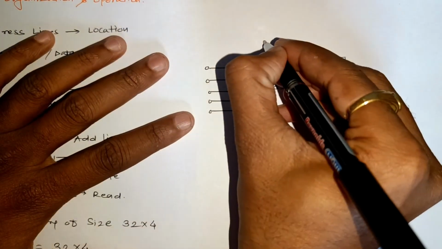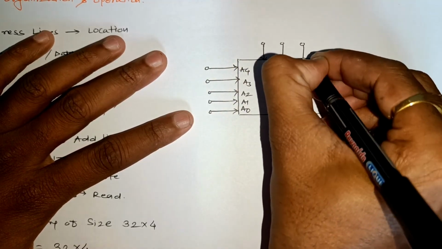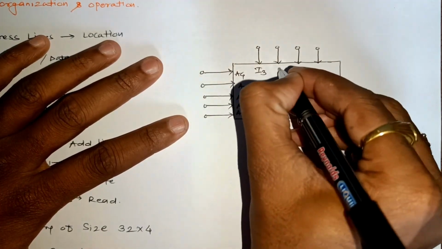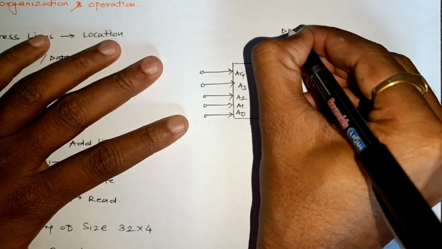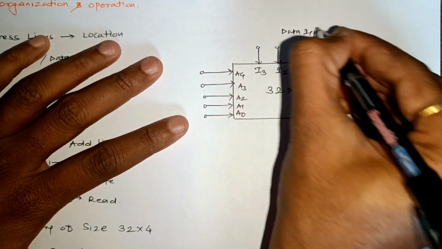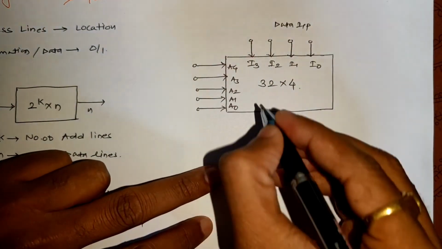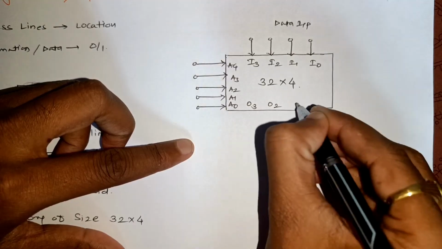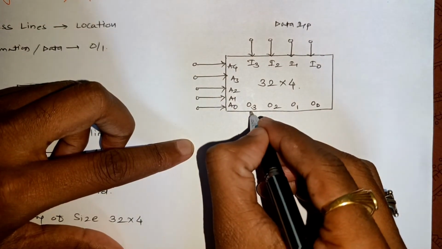Based on that we'll first draw the input data lines. This is I3, I2, I1, I0. They are nothing but data input lines, and we'll take the output lines also. For that case, again we'll use O3, O2, O1, O0, that is nothing but output data lines.